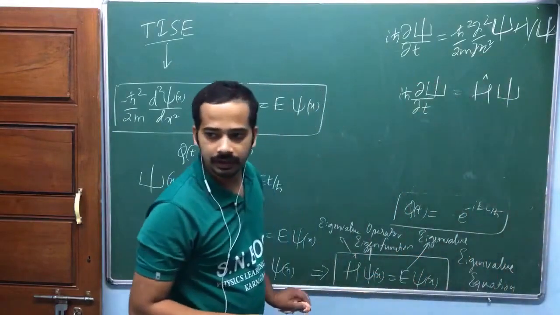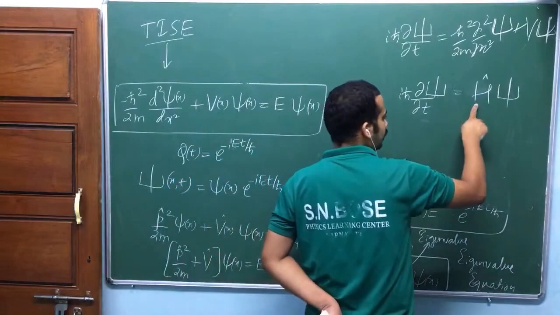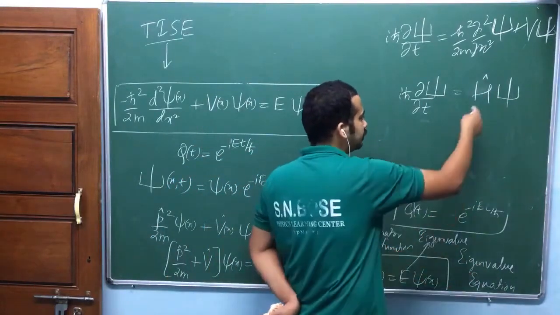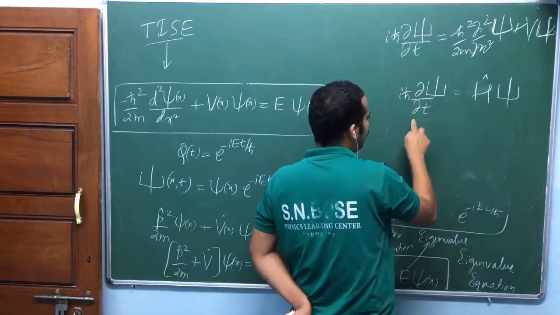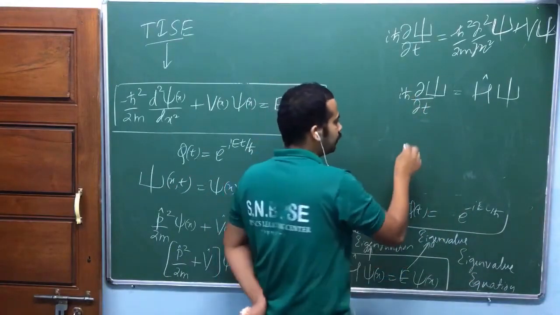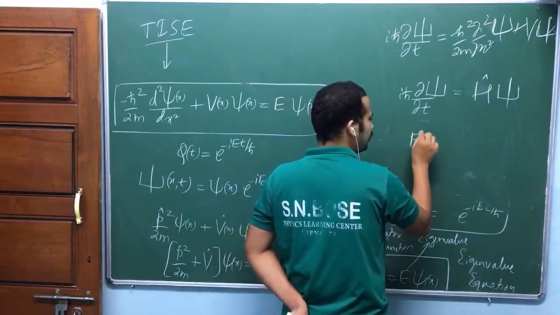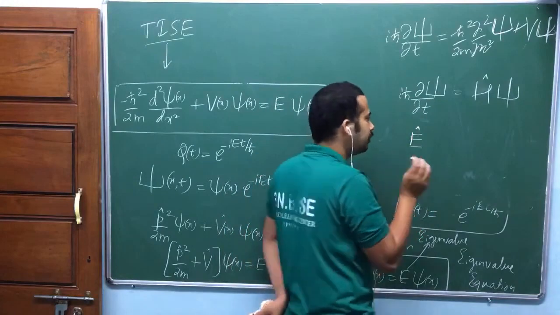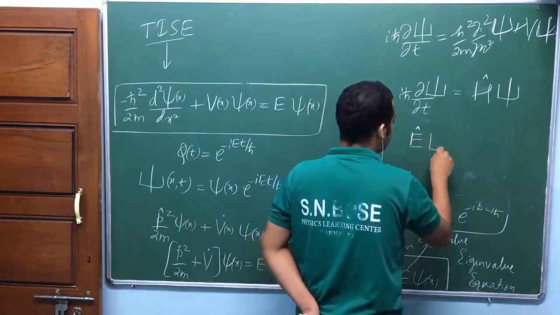H cap is an operator corresponding to energy, am I right? An operator which is a representation of energy. That's why I h bar dou by dou t should also be a kind of energy operator. We call that operator E cap. Not much use of this operator, but this is called the energy operator.